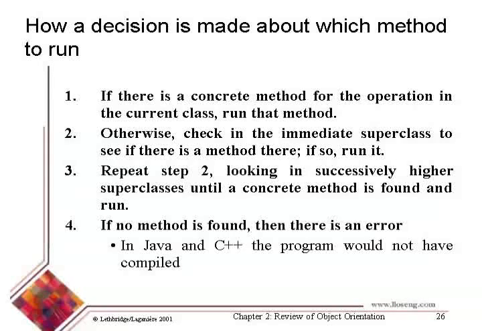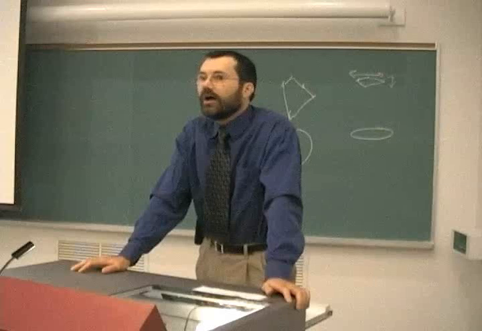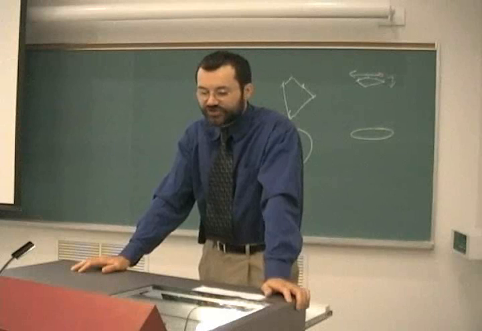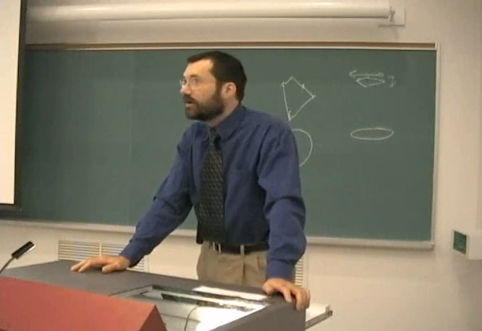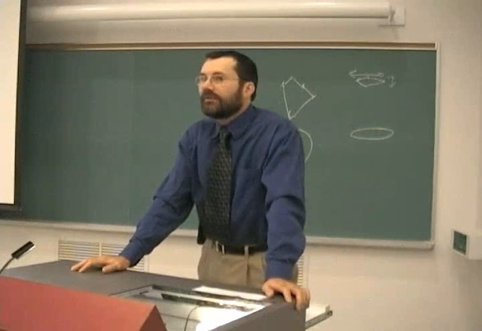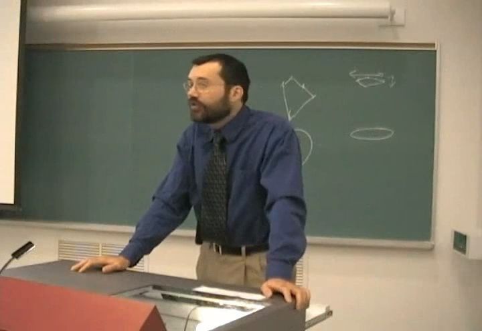Now, it turns out that the compiler should never allow you to get to the stage of step 4 here. In Java and C++, a compiler should be able to tell you there is no concrete implementation anywhere in the hierarchy, and therefore you shouldn't ever get to this point. But there are programming languages, most notably Smalltalk, which have a different model for compilation.